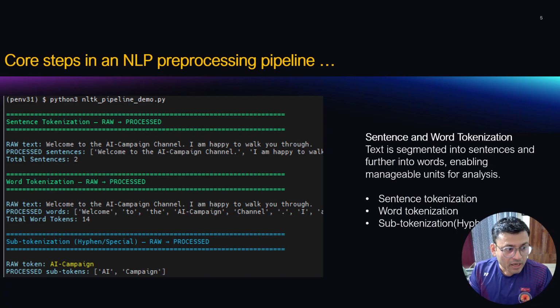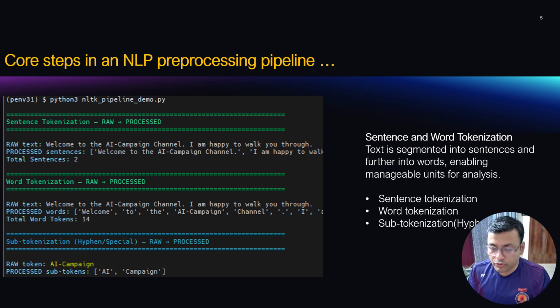Now, the subtokenization process, as we discussed, will also remove hyphens and any special characters. Subtokenization takes tokenization a step further. Some words, like hyphenated words, actually contain more than one concept.